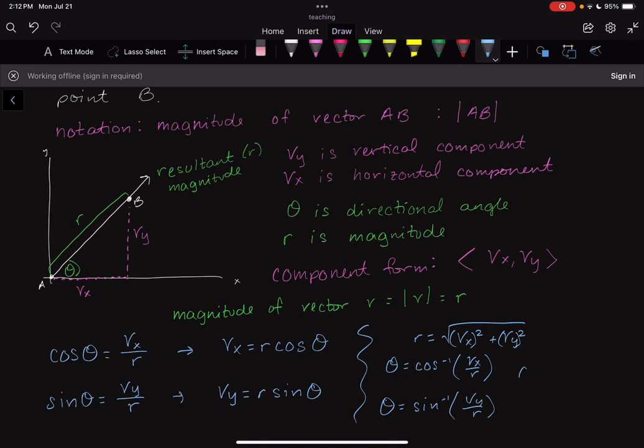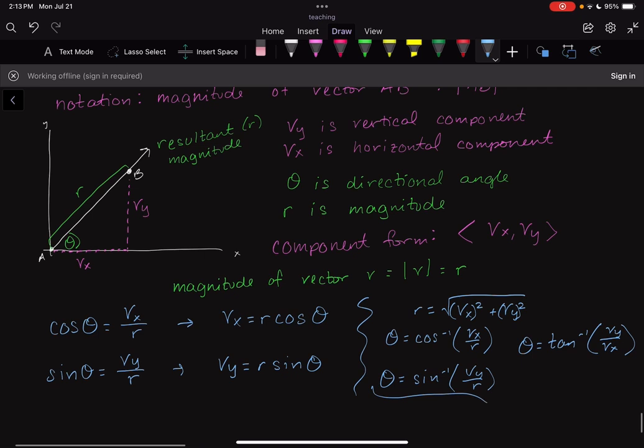I can also use the tangent definition, which like before, it was tangent is y over x. Sorry, I said that backwards. So it'd be Vy over Vx. Now with theta, I do want to put a note here. It depends on the quadrant which one we may want to use.